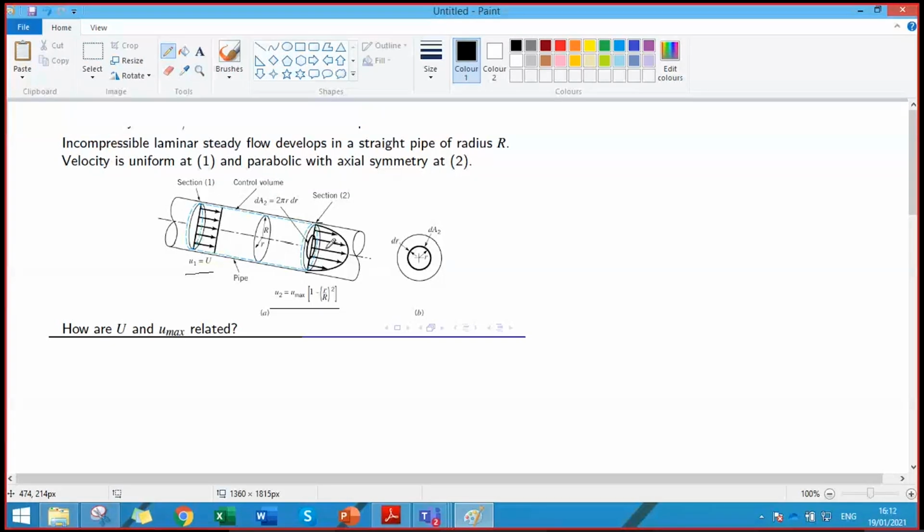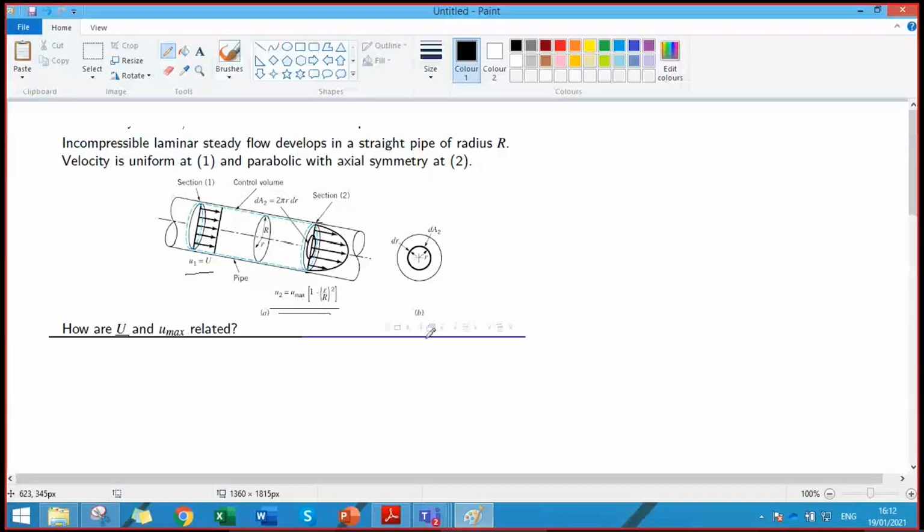Now you are asked to relate the velocity at the pipe inlet, that is U, with the maximum velocity at section 2. How can you relate that? So we will apply the equation.